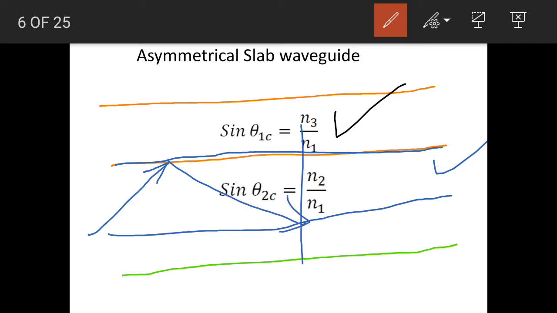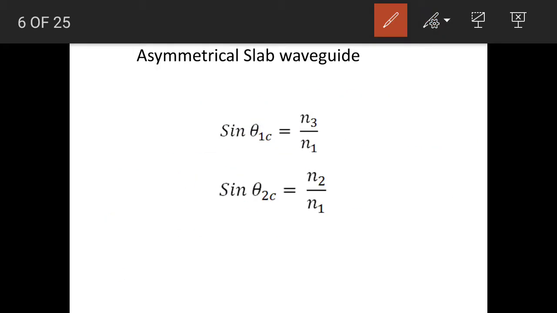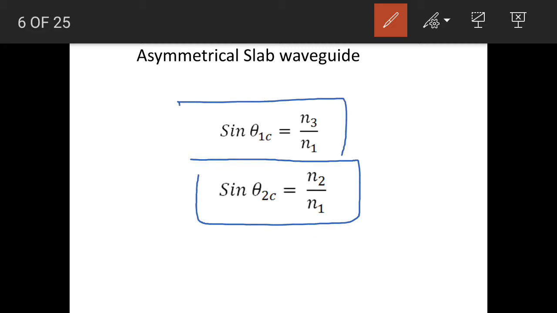Now we consider this particular angle, which is represented by theta. This angle should be greater than the critical angle. So we calculate two critical angles in the case of the asymmetrical slab waveguide.